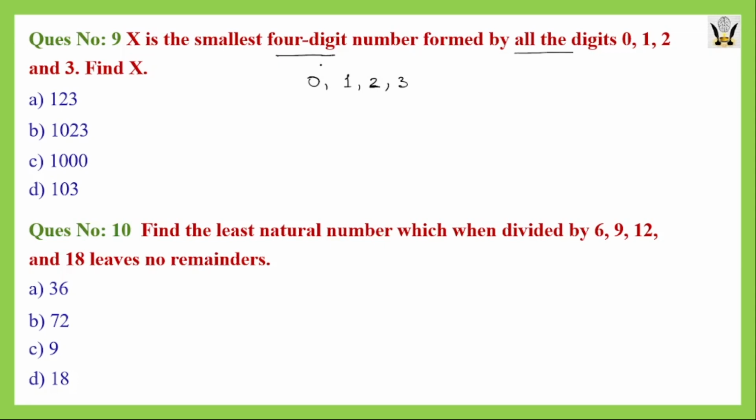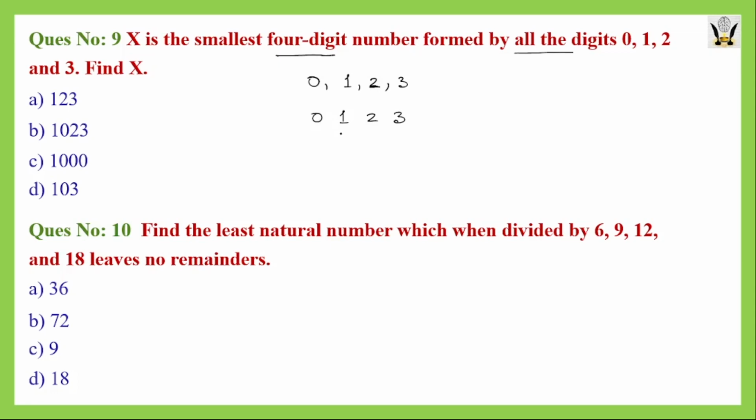In this type of problem where we have to find the smallest number, we will arrange the digits in ascending order. So it will be 0, 1, 2, 3. Now if we place 0 at the first position, then this number is no more a 4-digit number, rather it is a 3-digit number.